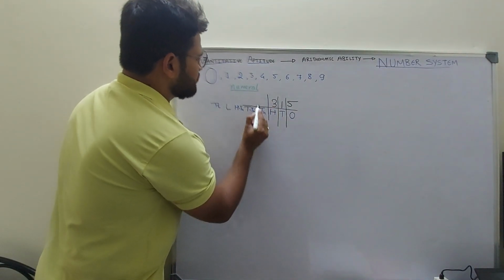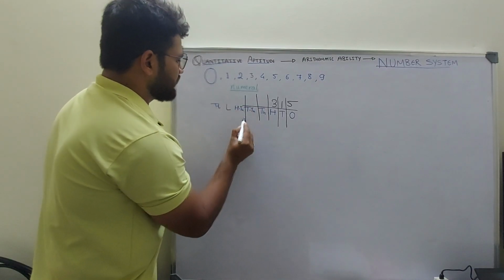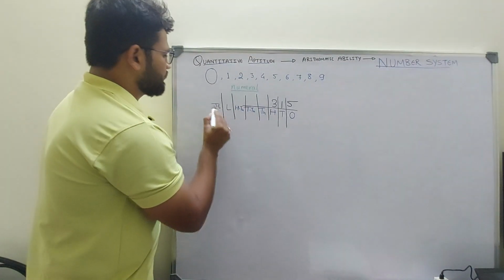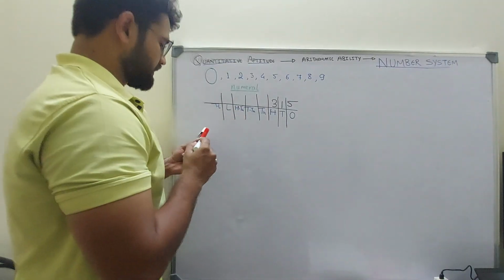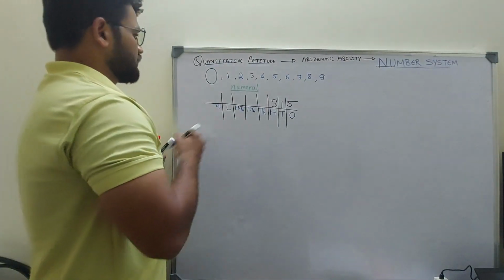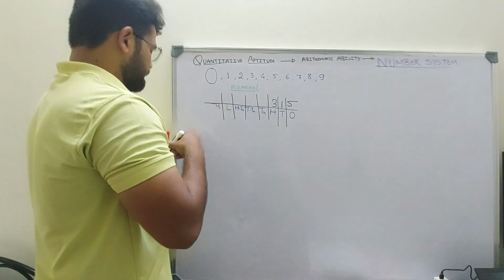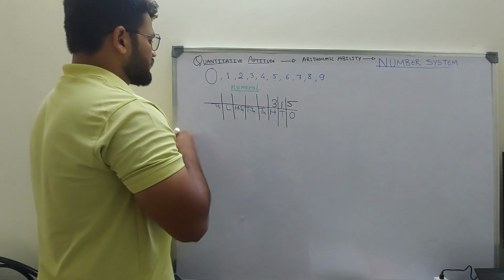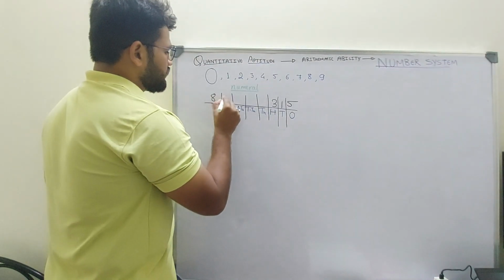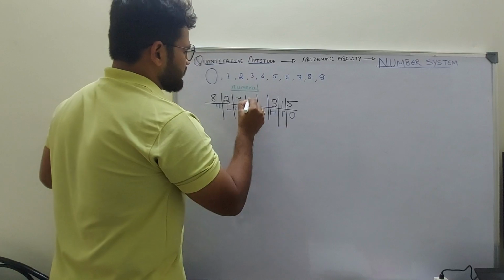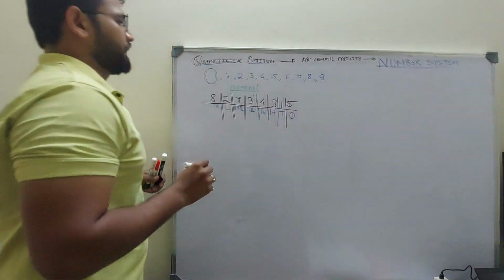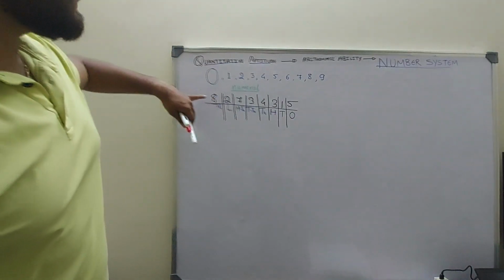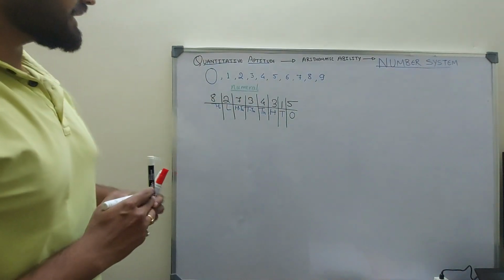We will make this number a bit larger. Suppose the number goes like 8, 2, 7, 3, 4. Now this is a huge number, you can say.